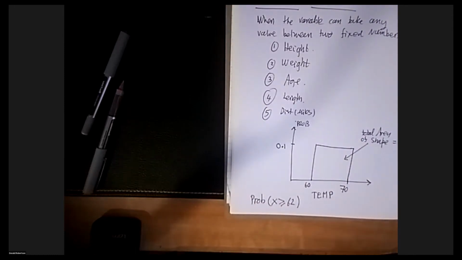So can you imagine that there's some island in the Mediterranean where the temperatures range between 60 and 70. And you'd like to know what's the probability that you turn up on a particular day and the temperature is at least 62 or better.